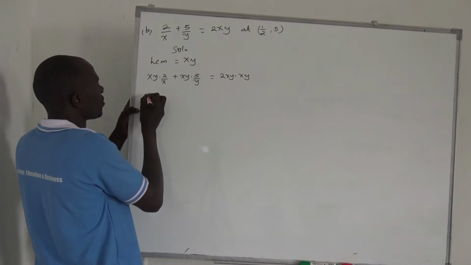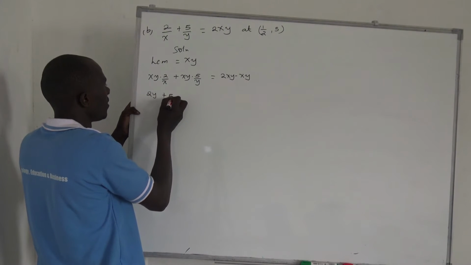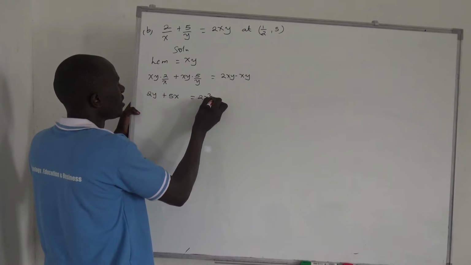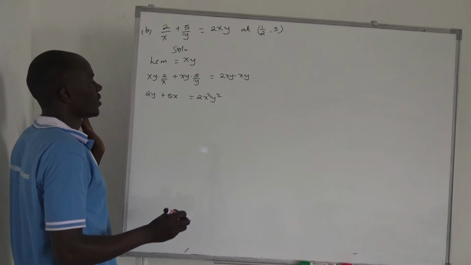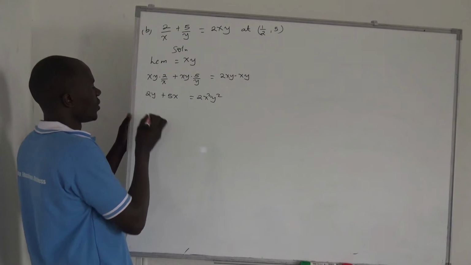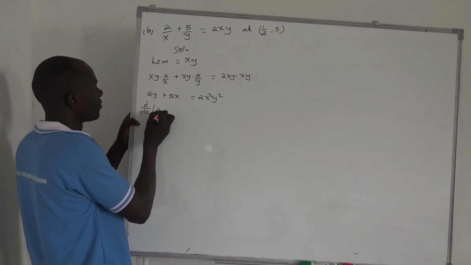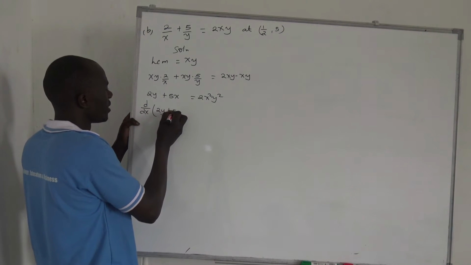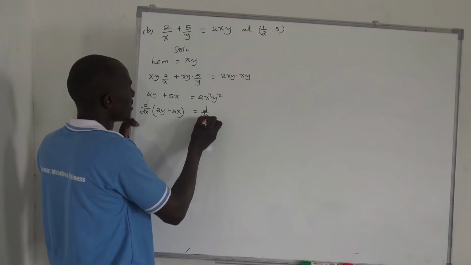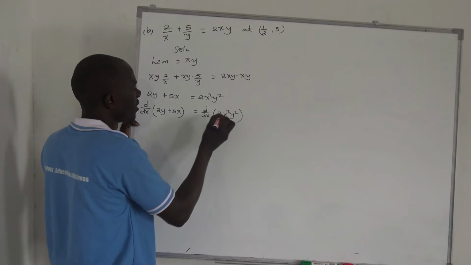So what do we remain with? 2y plus 5x equals 2x²y². Now consider I've already formed an organized equation. So look at d/dx of 2y plus 5x equals d/dx of 2x²y².